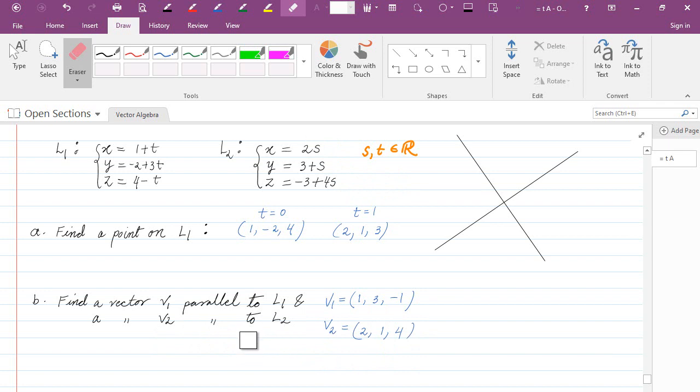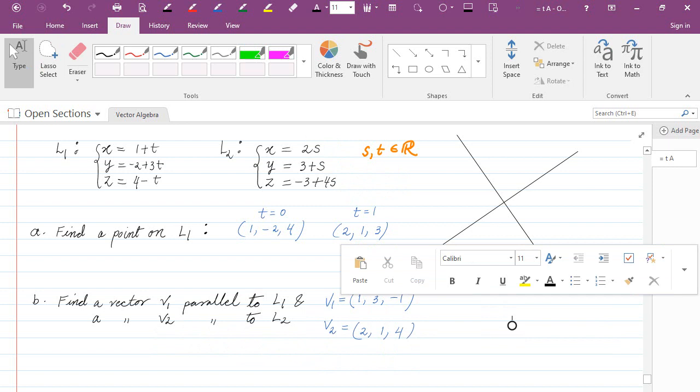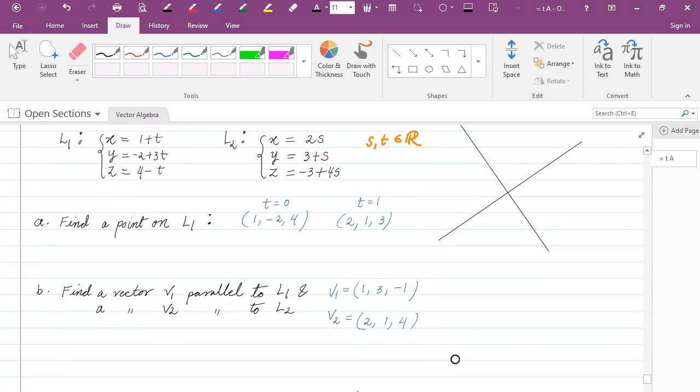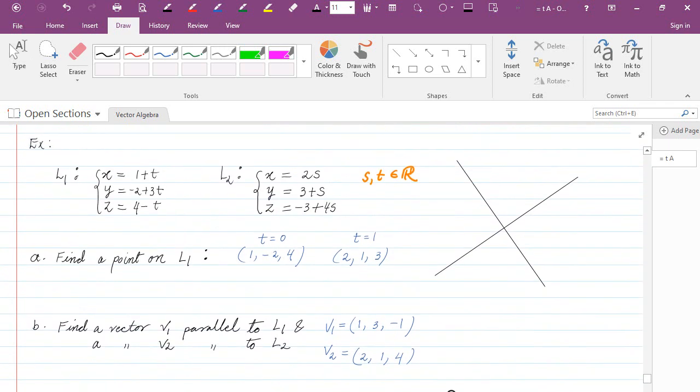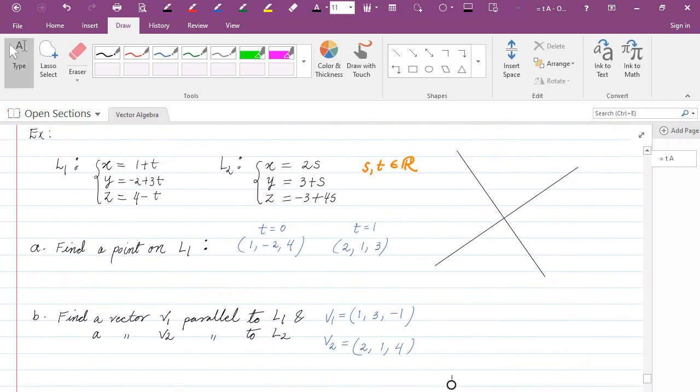Now, is L1 parallel to L2? How do I answer that? So the question is, are the two lines parallel? In order to answer that, we just have to check whether the vectors v1 and v2 are parallel.